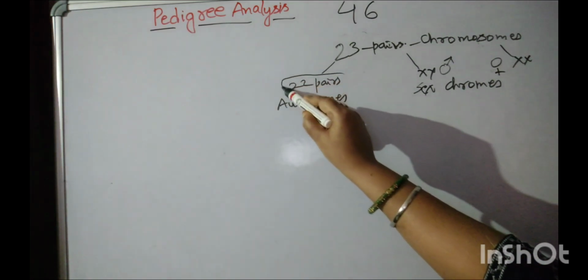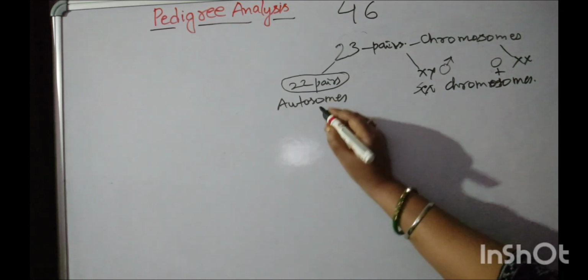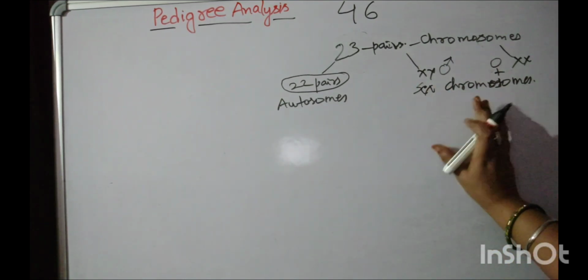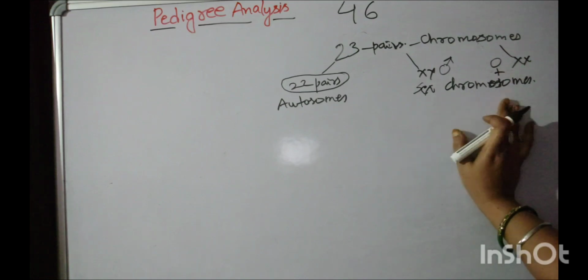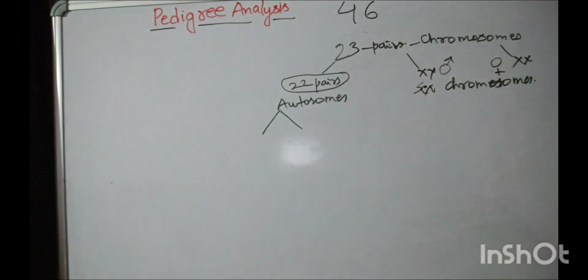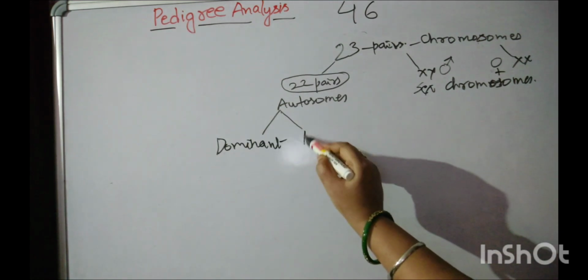Any defect in the 22 pairs is called an autosomal trait, and any defect in the sex chromosomes comes under sex-linked disease. Autosomes are the 22 pairs where XY are not involved. Wherever XY or XX is involved, it is called the sex chromosome. We can divide autosomal traits into two types: dominant and recessive.